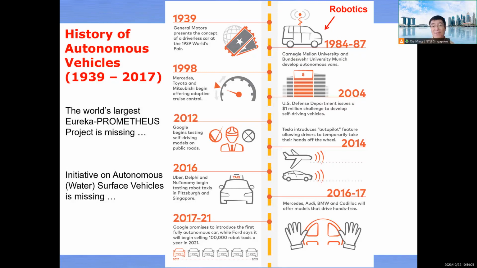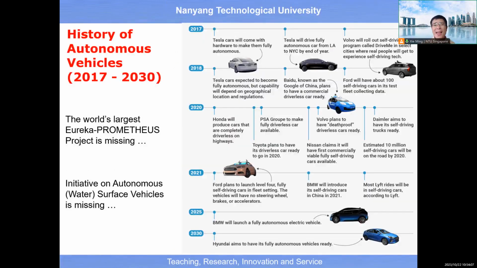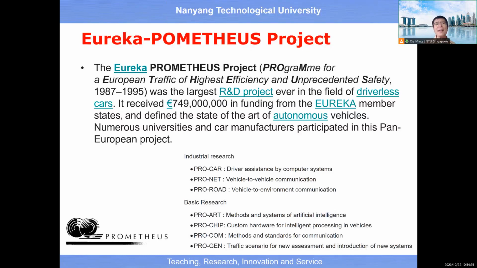Department of Defense, right? Okay, and from this slide, then you see BMW and launching fully autonomous vehicle in year 2025, and Hyundai aim to launch a fully autonomous vehicle in year 2030. Right? Okay, as I mentioned, in the timeline of the history of autonomous vehicle development, this world's largest initiative was missing, okay?